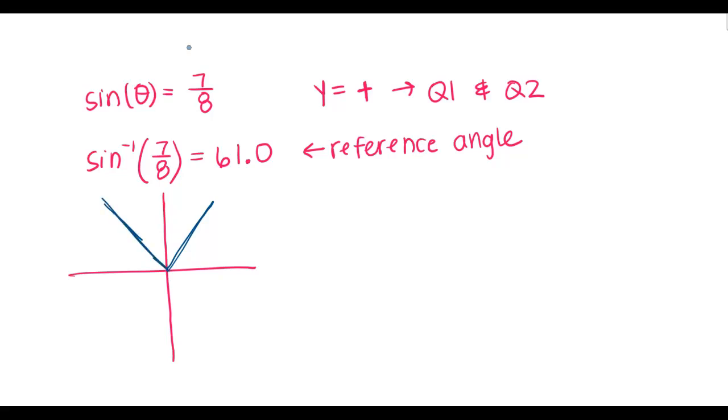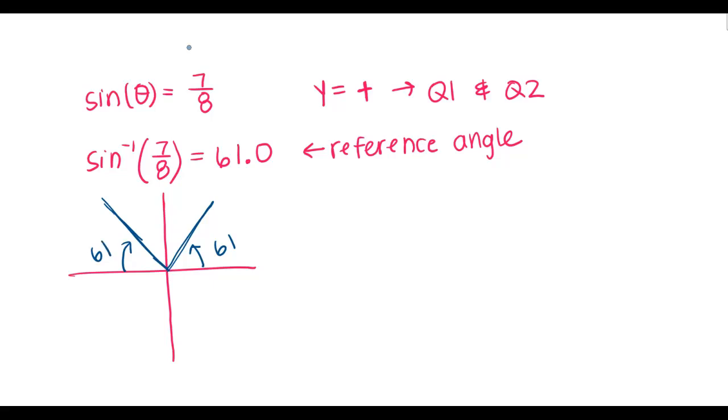I know they're not perfect. I'm not getting a protractor out to measure them, but you kind of get the idea. We're having some angle jut out at quadrant 1 and some angle jut out at quadrant 2. And remember, to find the actual angle, we know that their distance from the x-axis is 61.